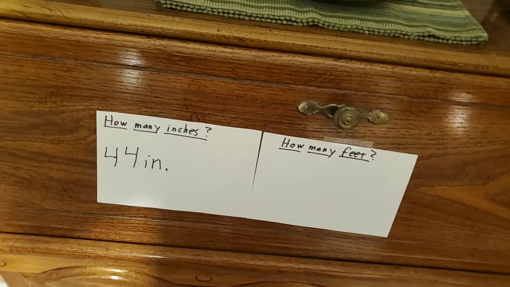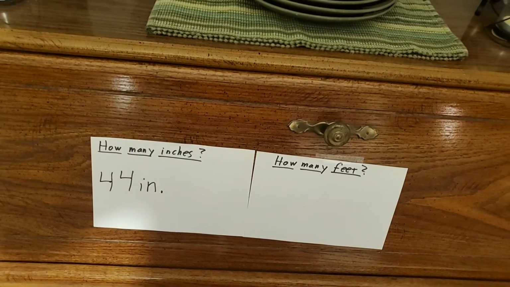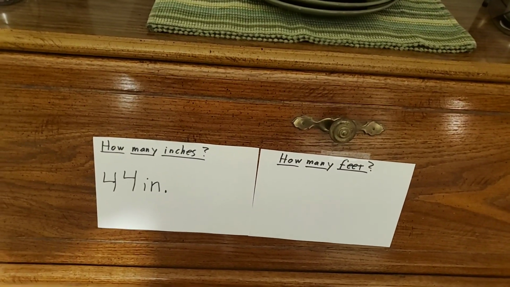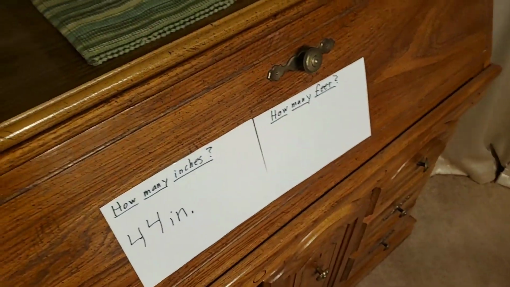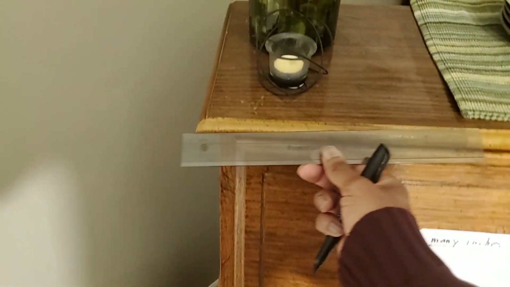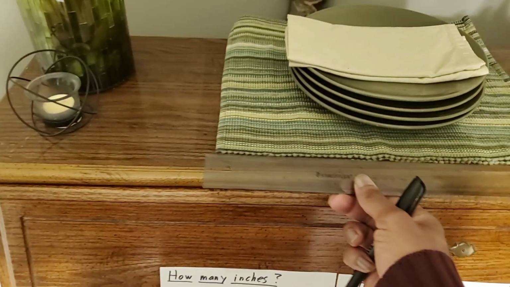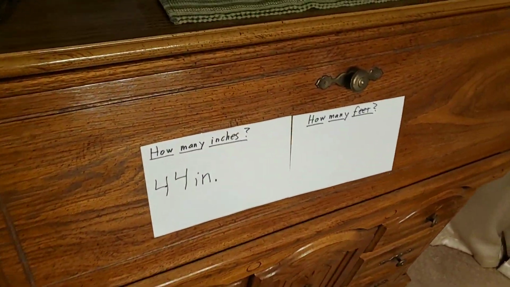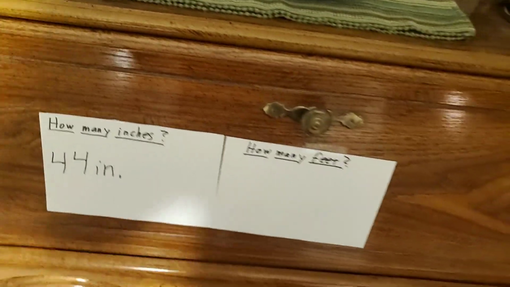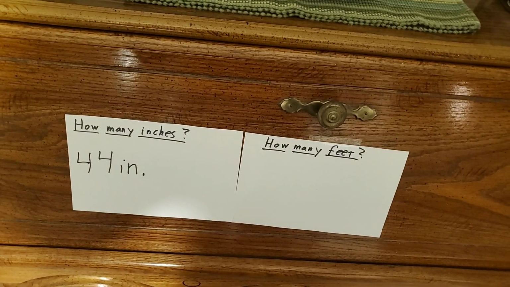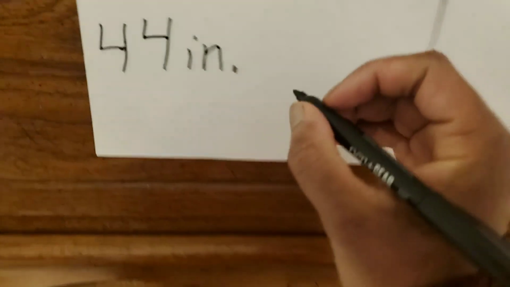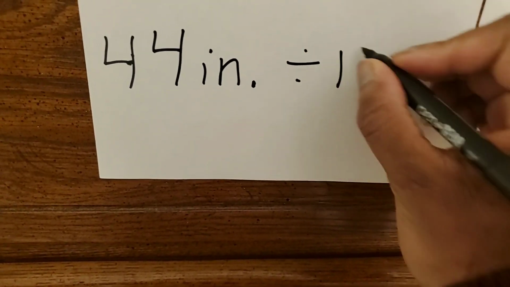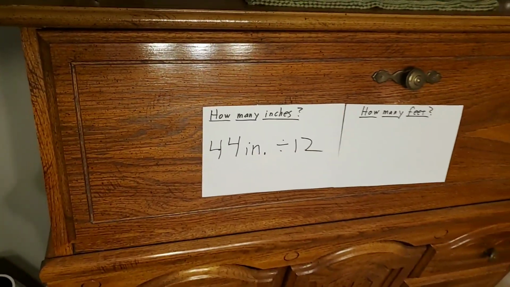So since it takes 12 whole inches to make 1 foot, here's what we're going to do. Let me give you a visual. We're taking these inches and turning them into feet, right? Since it takes 12 inches to make a foot, we're going to take 44 inches and divide it by 12.